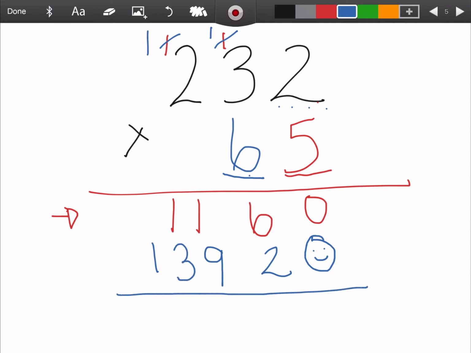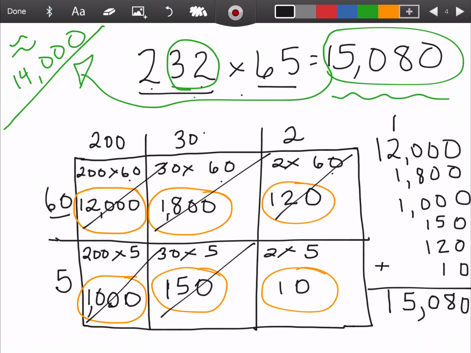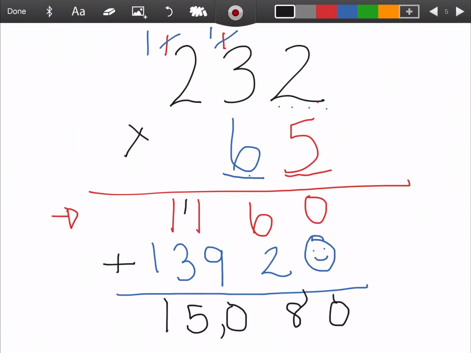And now my job is to add these two products. 0 plus 0 is 0, and 6 plus 2 is 8, and 1 plus 9 is 10. And then I look at this one, and I say 3 plus 1 plus 1 is 5, and then I drop the 1, and I get 15,080, which is the same answer as I got before.